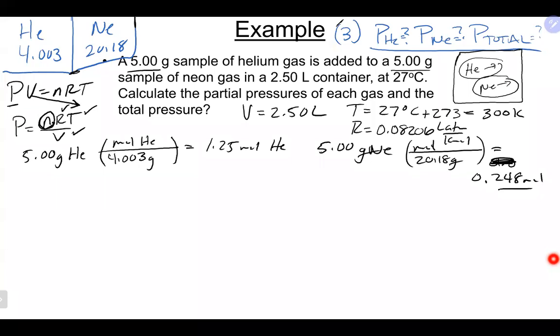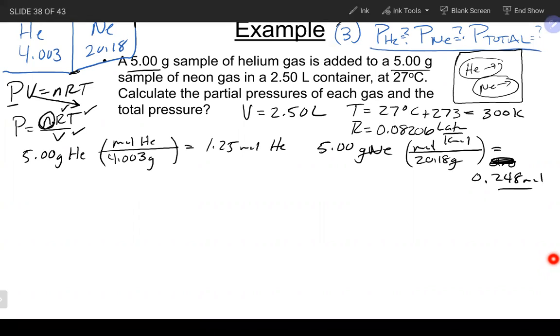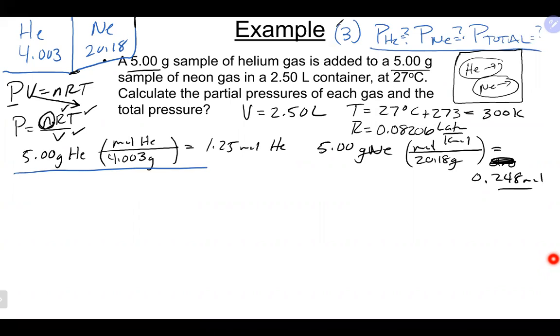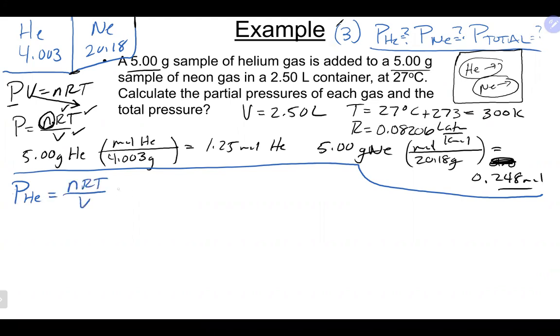All right. So now that we have the moles of each of those, we really do have everything that we need to go into the ideal gas law. We're just going to go into it separately for each one. So we'll do the partial pressure of helium first, and that would equal nRT over V. We're going to put in everything for helium, which is really just the moles part. The moles for helium was 1.25 that we calculated.